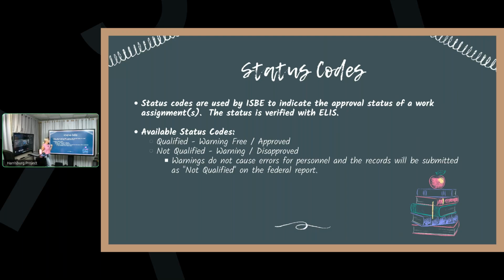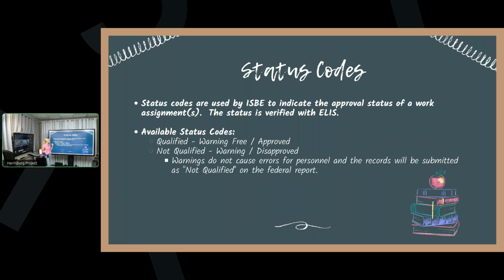But if they are not qualified for the position that you are reporting them for, you're going to get a warning. That's kind of like disapproved, but not really, because we're still going to report those personnel in our report. So there's a qualified and a not qualified section.